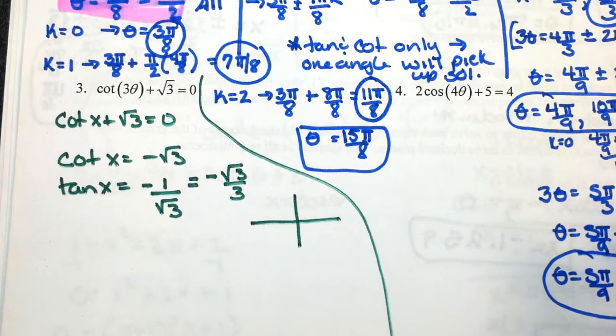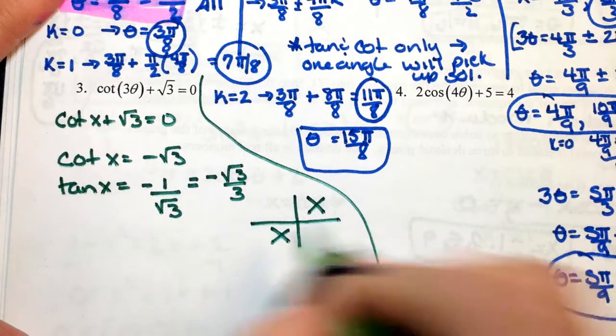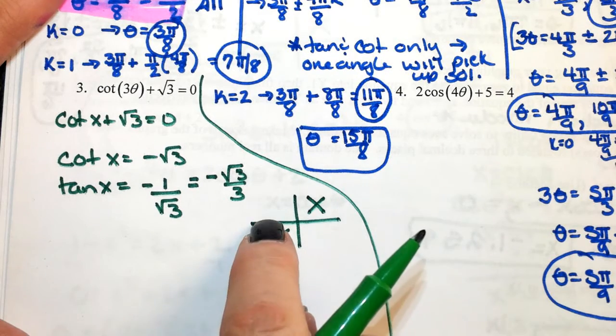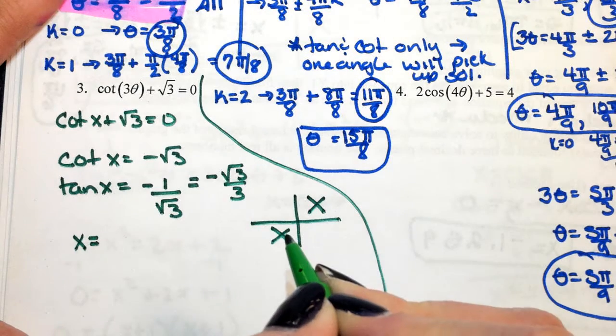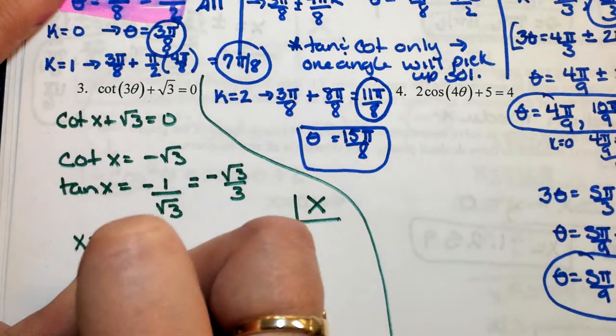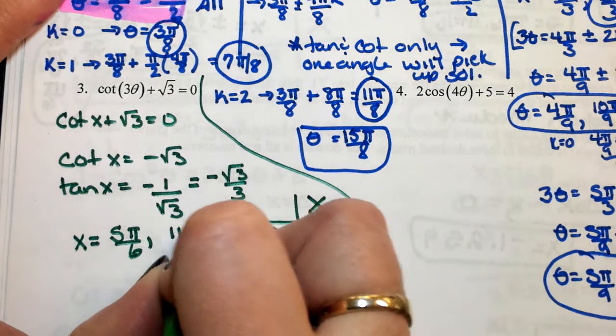So now where is tangent negative? What quadrants am I looking in? 2 and 4. So what's the angle in quadrant 2 that has the tangent value of negative square root 3 over 3? 5 pi over 6. And the one down here in quadrant 4 would be 11 pi over 6.